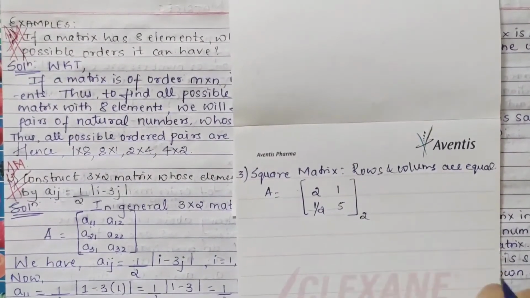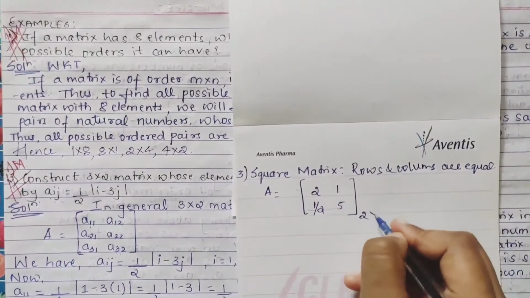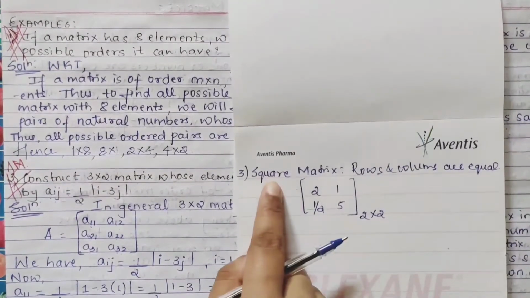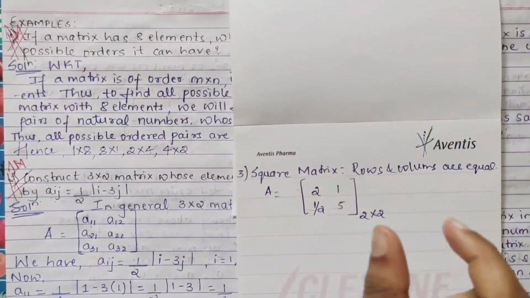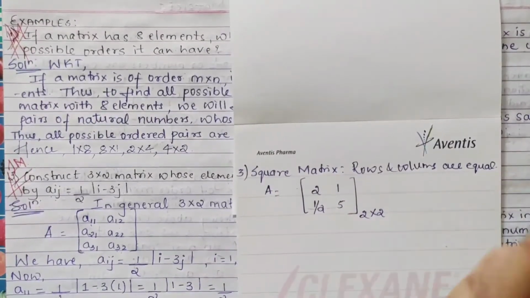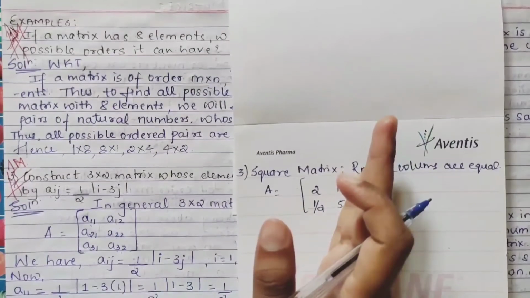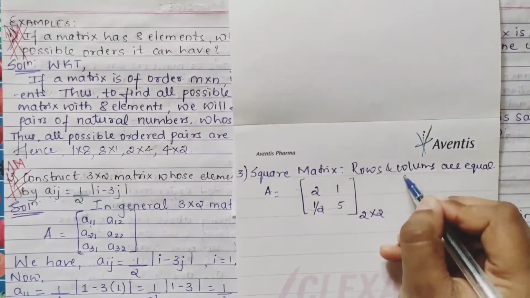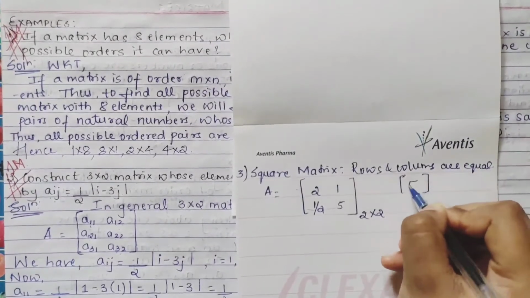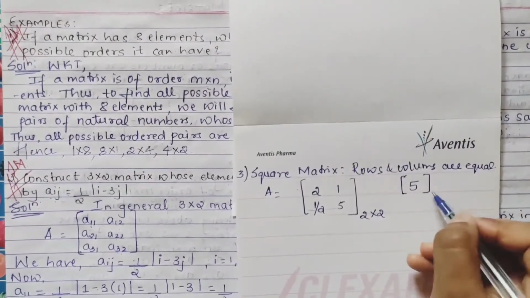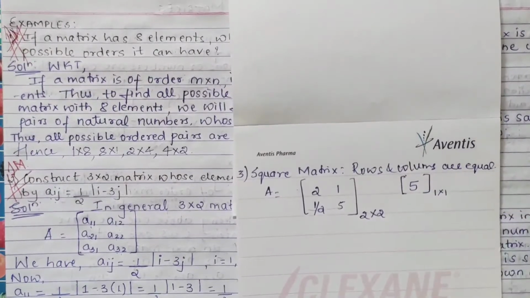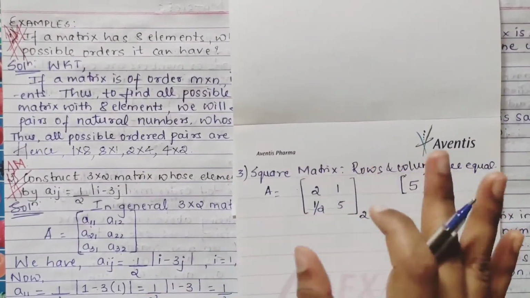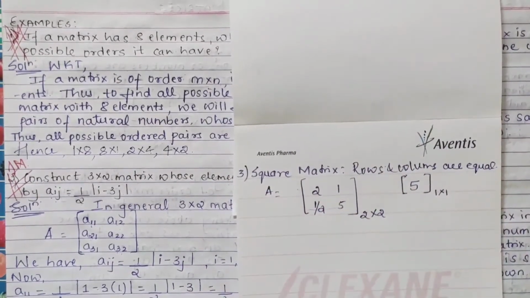Rows are 2 and columns are 2, so the order is 2 cross 2. Such types of matrices we call square matrix, where rows and columns are the same. Suppose they tell you to make a square matrix of order 1 cross 1. 1 cross 1 will be, suppose I have written here 5. Your row is 1, and your column is also 1. In the same way, 3 cross 3, 4 cross 4, 5 cross 5, anything, it should be equal. That is your square matrix.